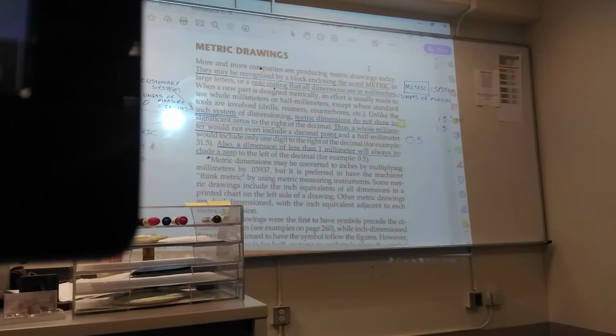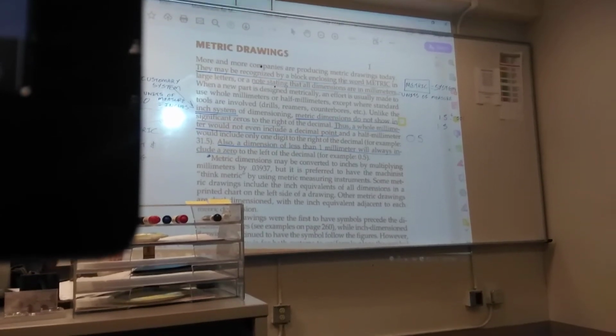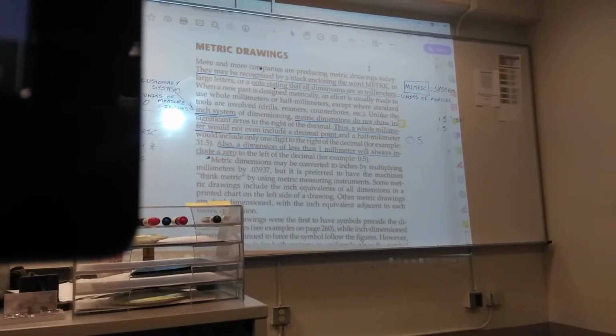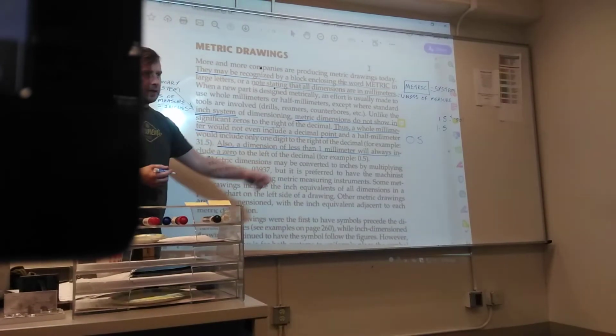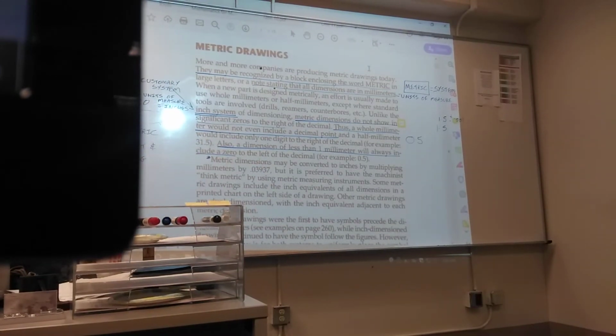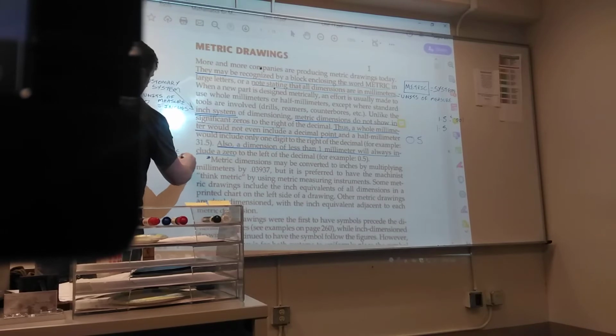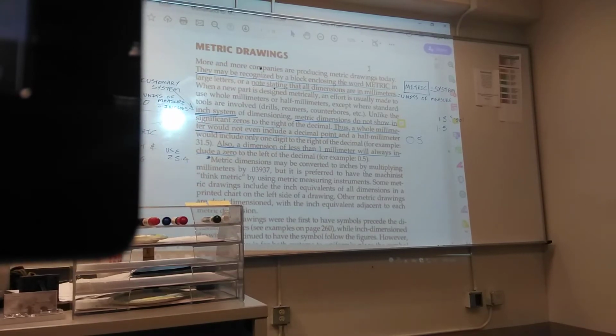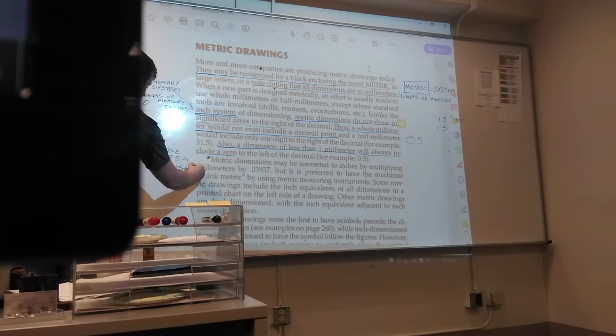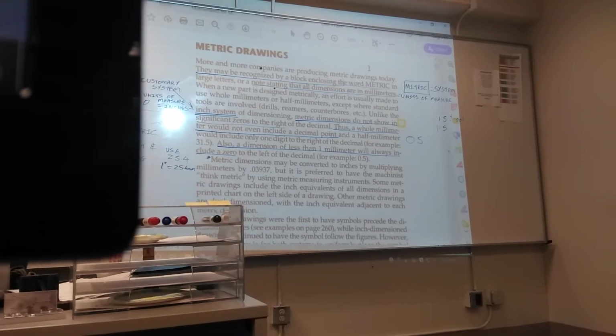So if you're working with a metric print and you don't have metric inspection tools, oh man, you're going to have to do a conversion. The book tells you to multiply by 0.03937. What is the easier way? Use 25.4. 1 inch equals 25.4 millimeters.